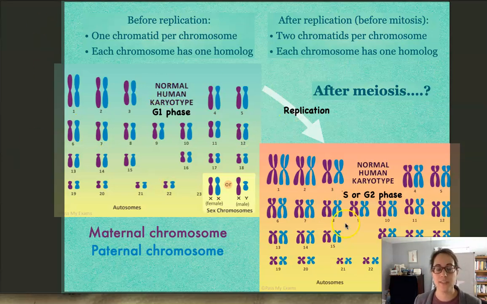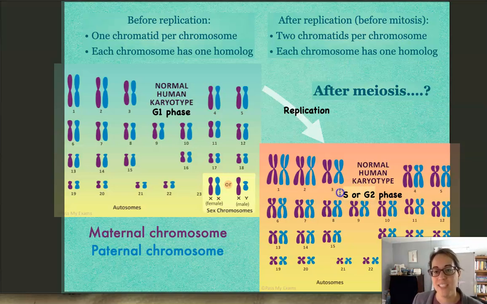And so I think that this is also a really useful slide for reference. I recommend definitely going back to this and using it to study a bit, because it lets you see the normal human karyotype during G1 phase. So in other words, during the regular growth phase when the cell is not preparing for mitosis, and then a normal human karyotype after S phase or during G2 phase.